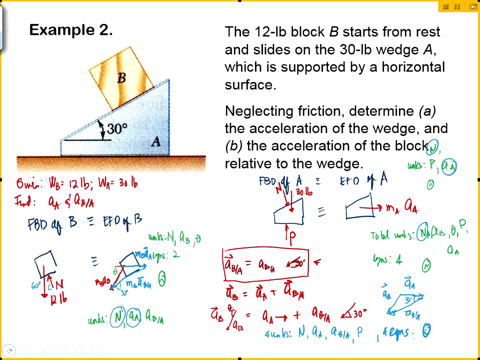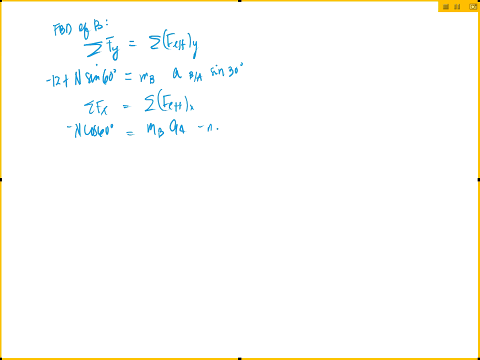Do you understand where I'm getting that? For the forces along X, it's only N, that is a horizontal component to the left. And then I have m_B a_A, completely horizontal, minus the leftward component of m_B times the acceleration of B relative to A, cosine 30 degrees.